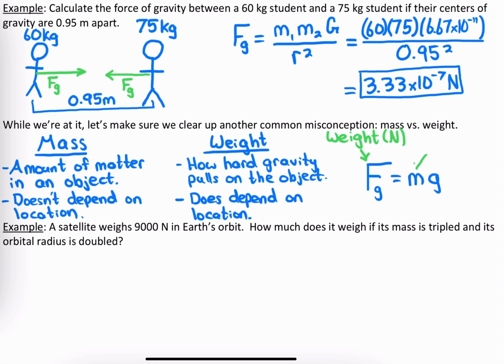And this m is mass. It's the amount of matter in something, and it's in kilograms. And so mass and weight, we can always get from one to the other. If one changes, the other generally does too, unless we're going to a place where little g is different. By changing little g, I can change my weight without changing my mass.